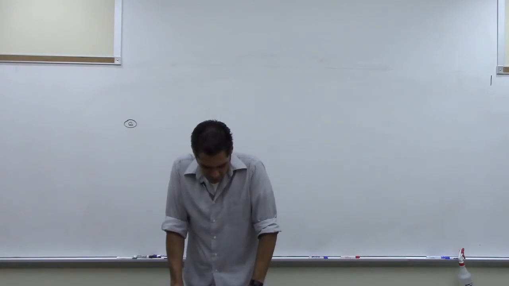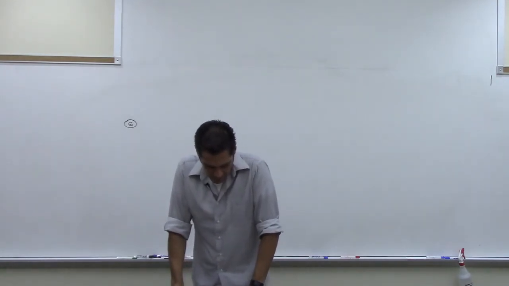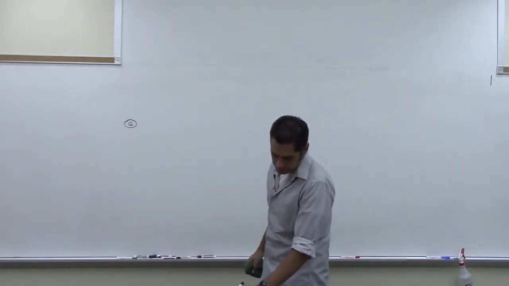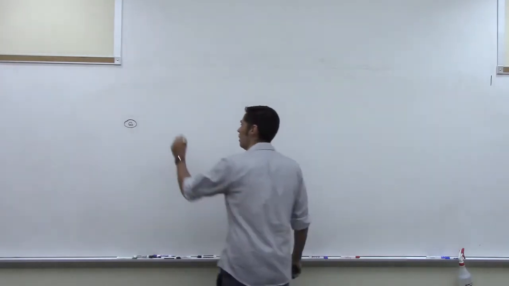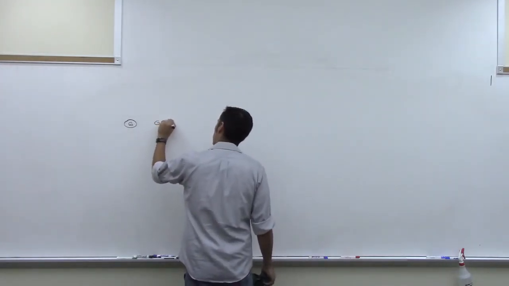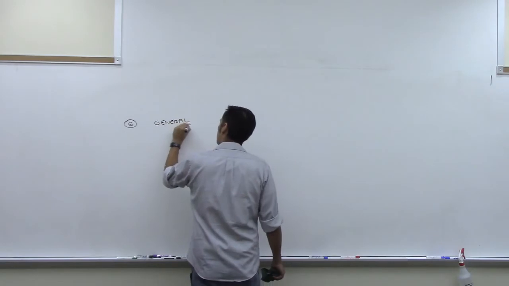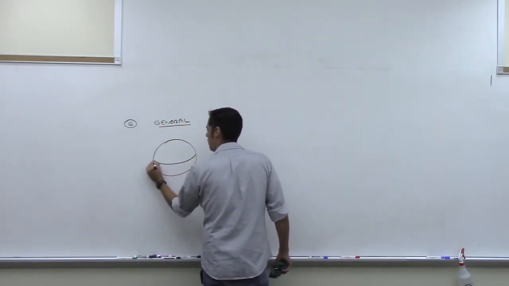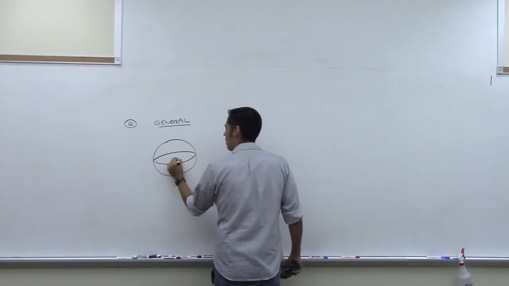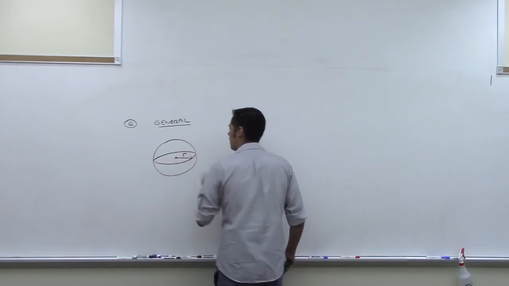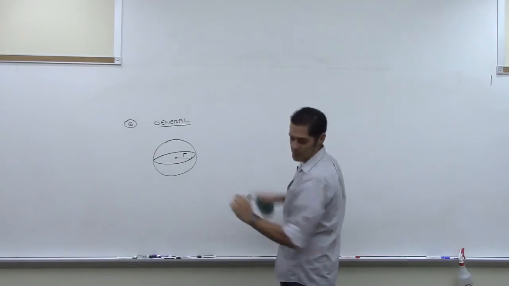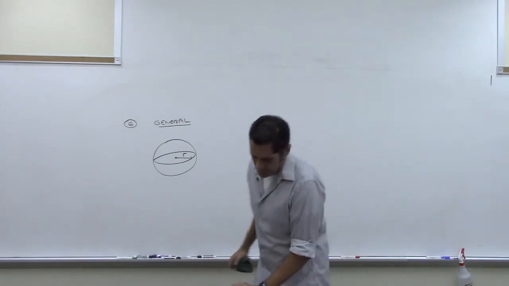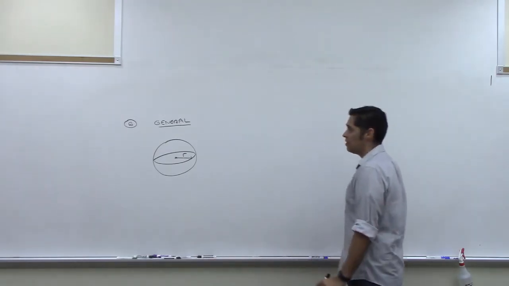How fast is the volume increasing when the diameter is 80 millimeters? So we have a sphere. Here's my general picture. It has a radius. That radius is increasing. That's what it says. It tells me that that radius is increasing at a certain rate.